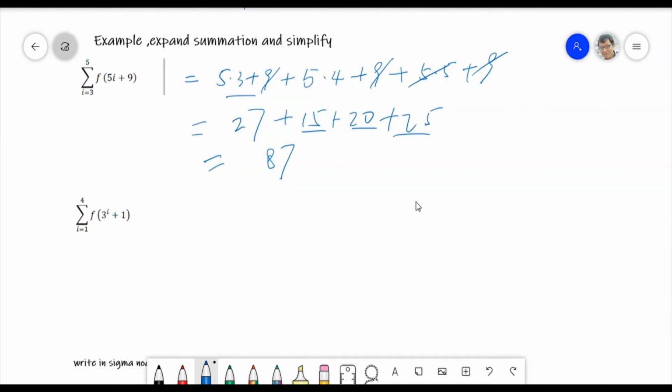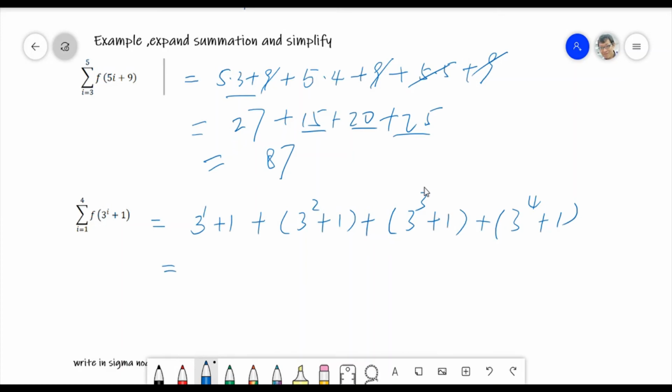Okay, thank you. So let's look at this one. i starts from 1 and goes until 4. So 1, 2, 3, 4, they have 4 terms, right? So let's write it in. The first one will be 3 plus 1, then plus the second one, 3 squared plus 1. And then the third will be 3 to the third power plus 1, then 3 to the fourth power plus 1, right?